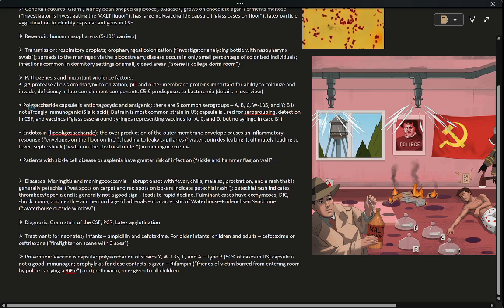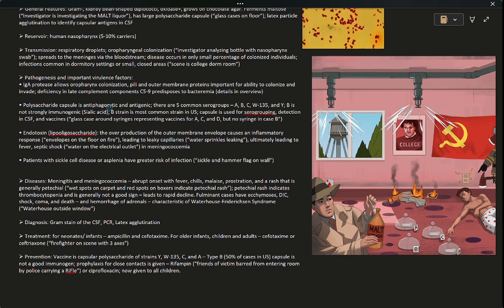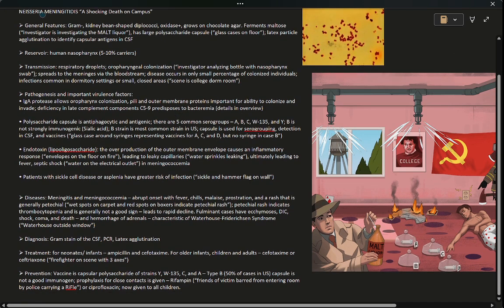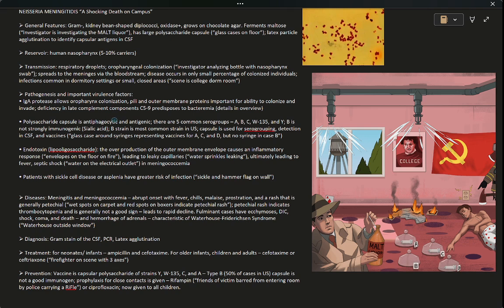Anyways, the polysaccharide capsule is antiphagocytic and antigenic. And remember that the Neisseria meningitidis has a large polysaccharide capsule. So, given that they are antiphagocytic and antigenic, this makes this bacteria quite infectious and problematic.